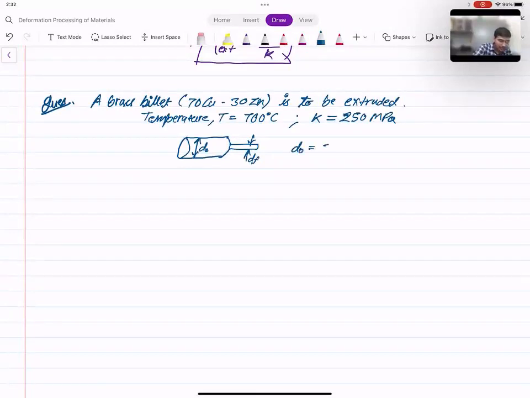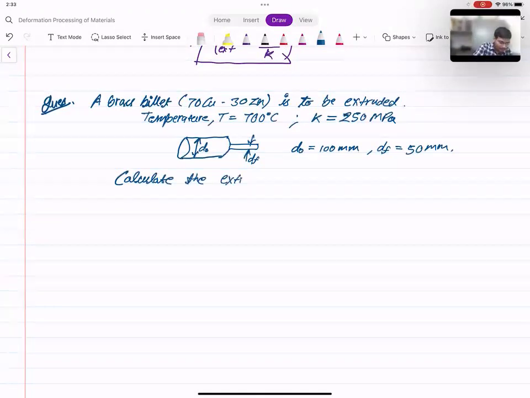D naught is given to us as 100 mm and DF is nothing but 50 mm. Now we need to calculate the extrusion force.